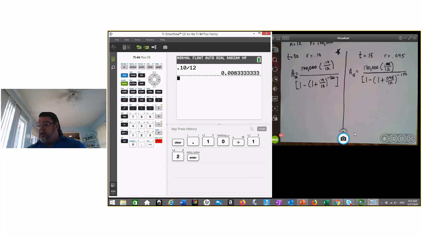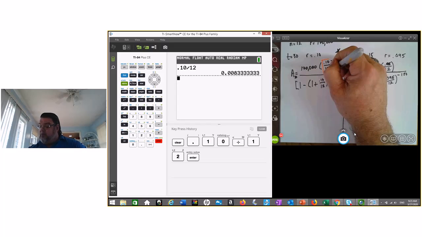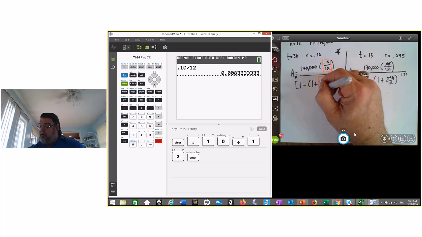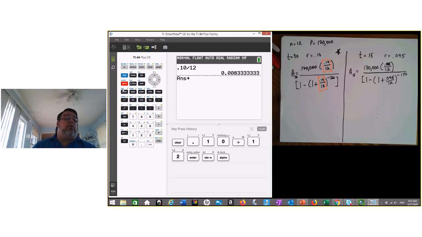You see that fraction is right there and right there. So if you wanted to, you could store that as alpha, and somebody tell me where F is, because these things are so small.